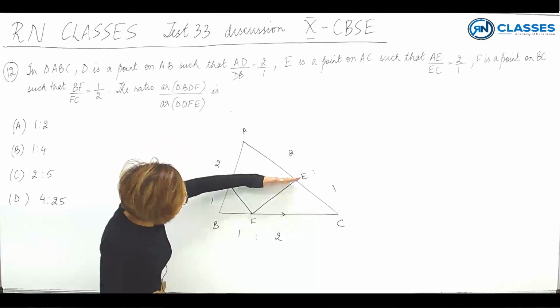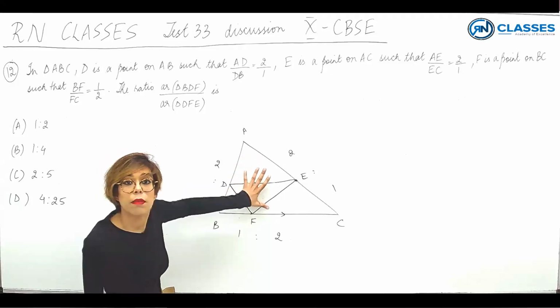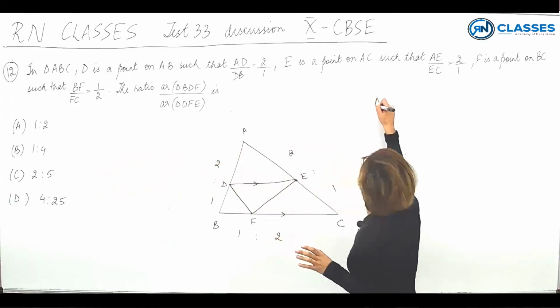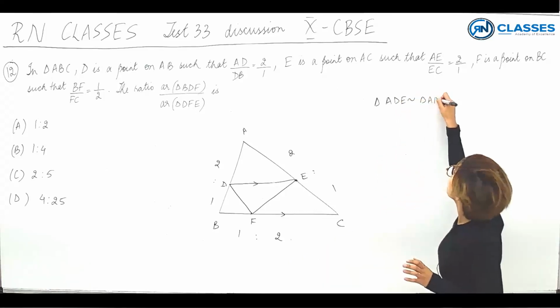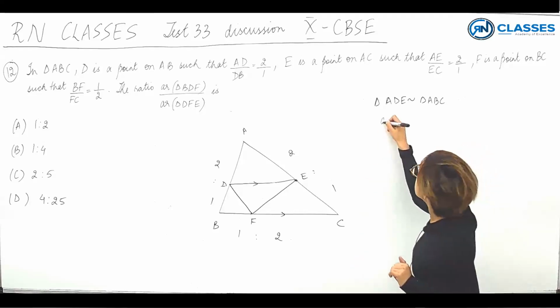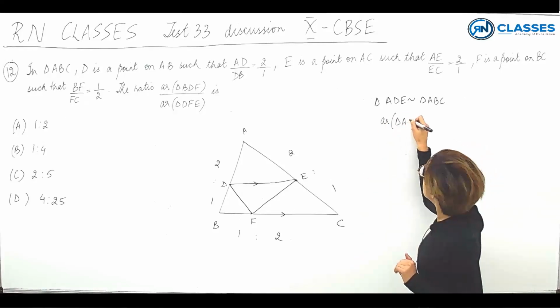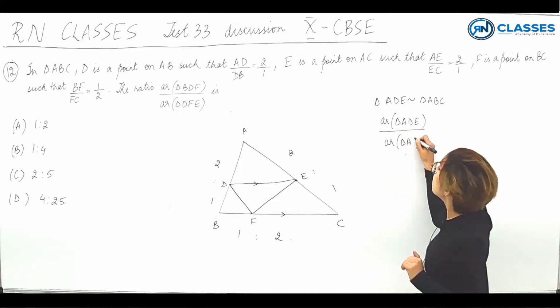Now if this is parallel to this, that means this triangle is similar to the big one. Right? Triangle ADE is similar to triangle ABC. So that means area of triangle ADE over area of triangle ABC will be equal to what?